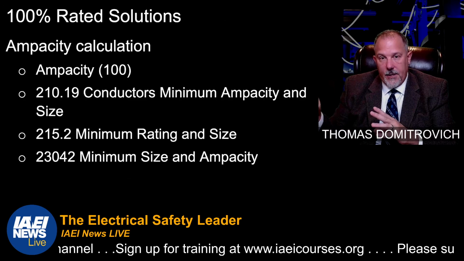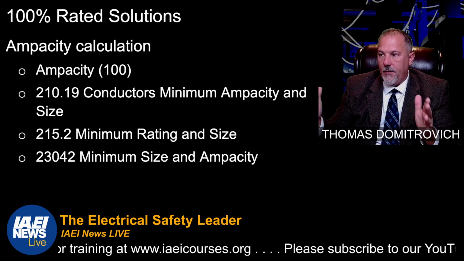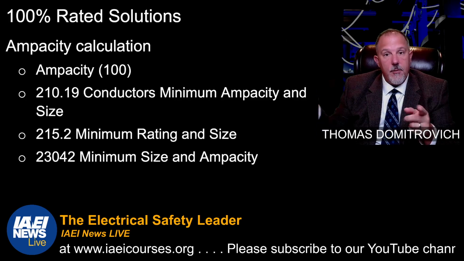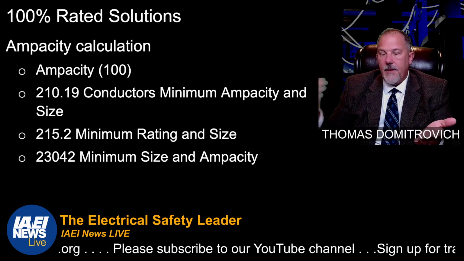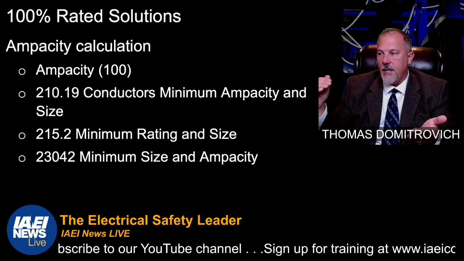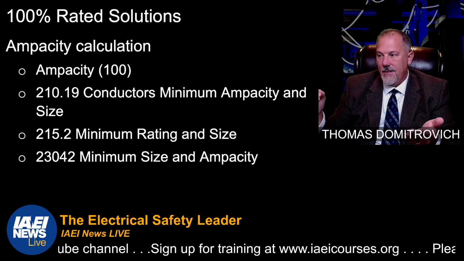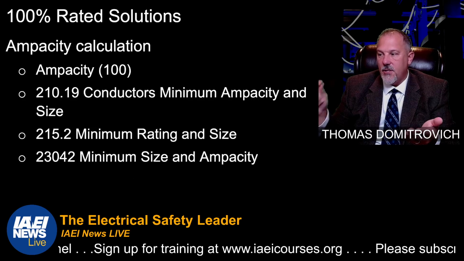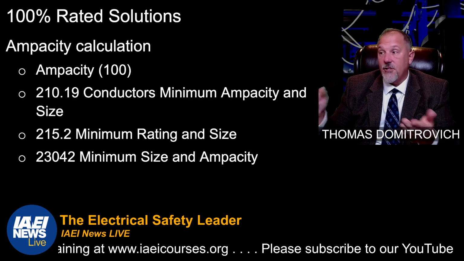So I do that calculation, I come up with an amp value, and then I go to 310.14 to pick my conductor. And then for the second calculation, I go to the minimum branch circuit conductor size, which will have an ampacity not less than the maximum load to be served after the application of adjustment and correction factors.